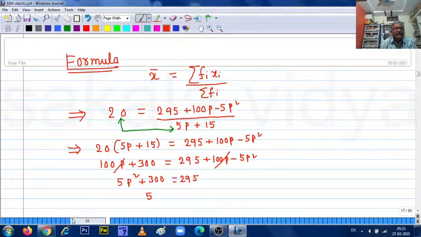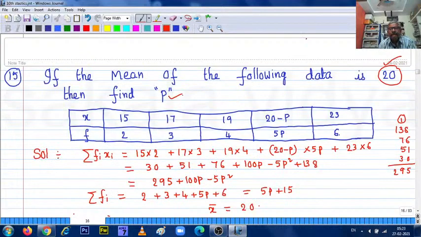Okay, one minute, let me do this one. This must have been given wrong.